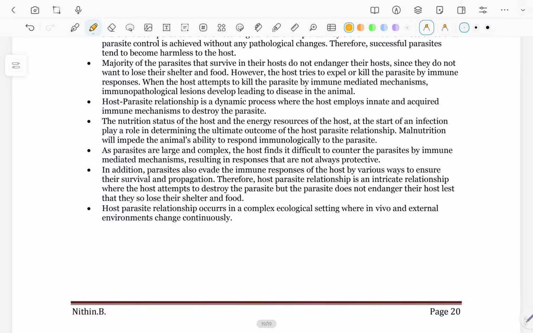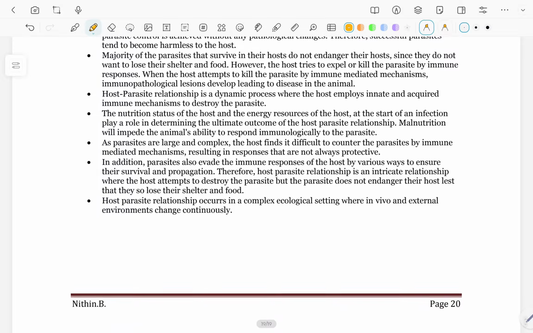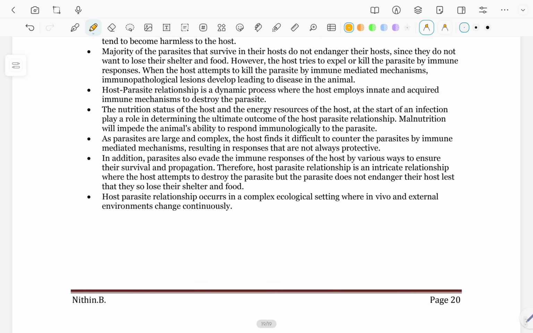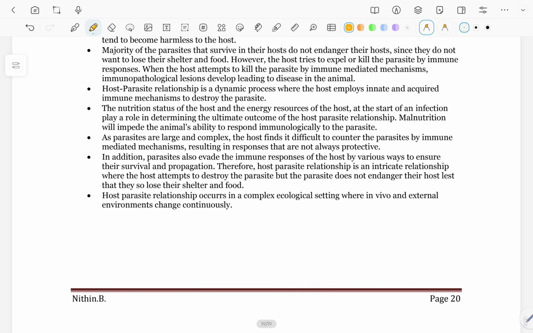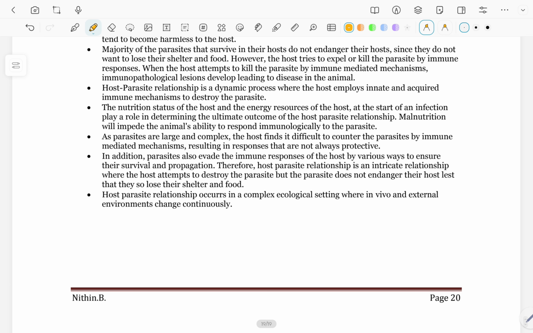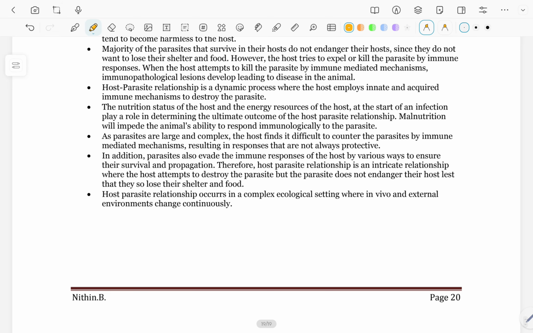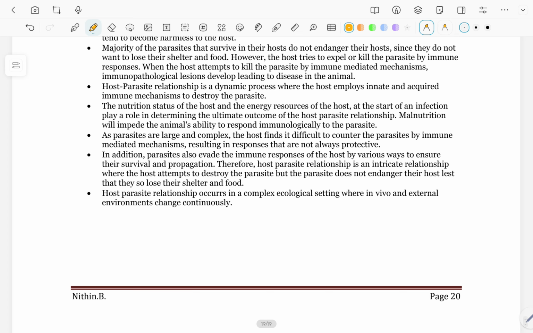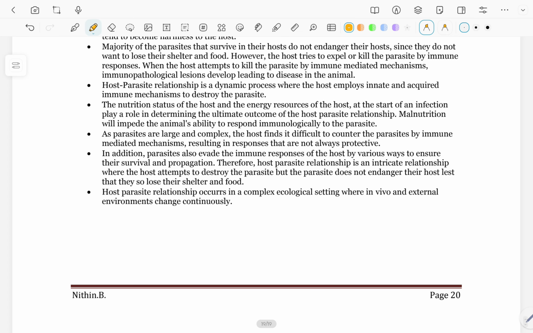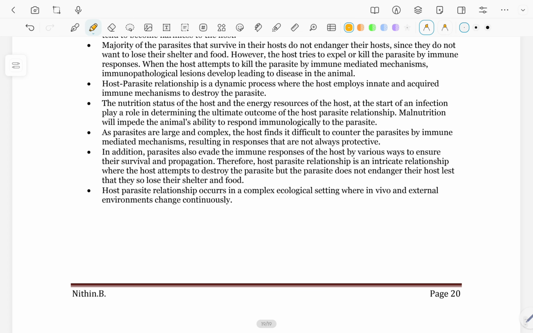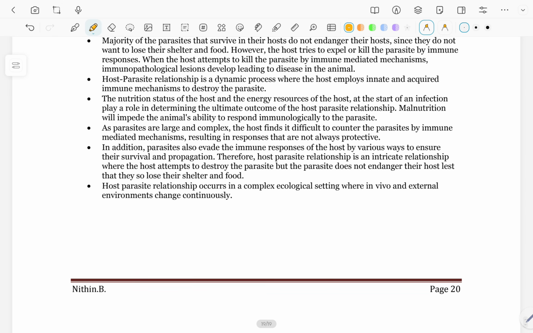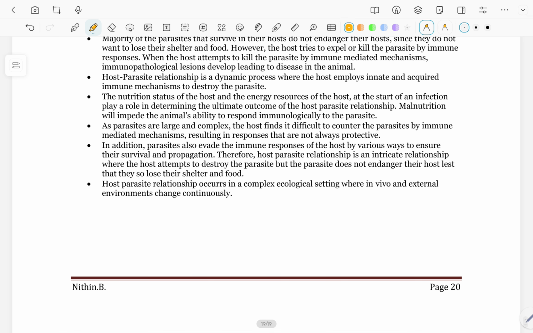Host-parasite relationship is a dynamic process where the host employs innate and acquired immune mechanisms to destroy the parasite. The nutrition status of the host and the energy resources of the host at the start of an infection play a role in determining the ultimate outcome of the host-parasite relationship.